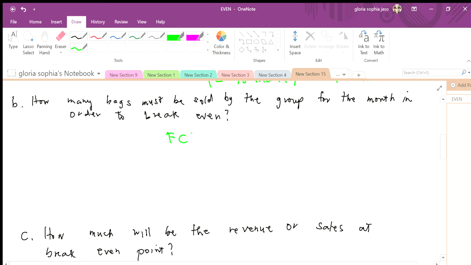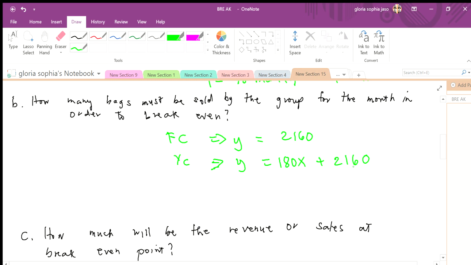The fixed cost is equal to Y equals 2,160. Then Y sub C, or the total cost, is equal to Y equals 180x plus 2,160. Okay?